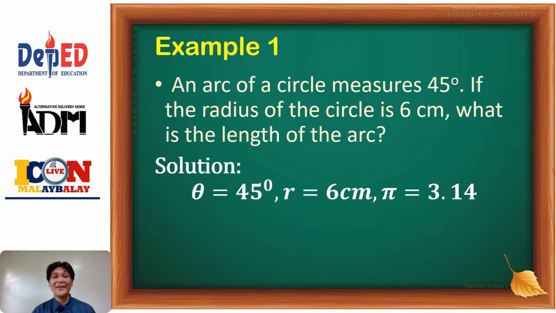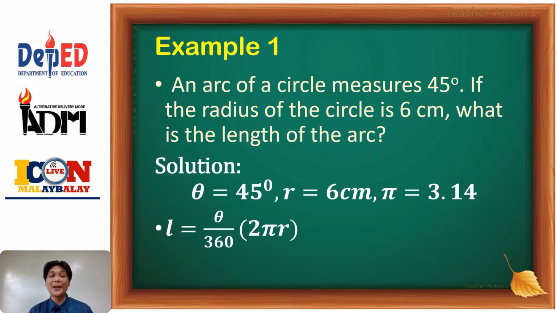Pi is the constant 3.14. Then we make use of the formula, where arc length is equal to the central angle divided by 360 degrees times 2 times pi times the radius.